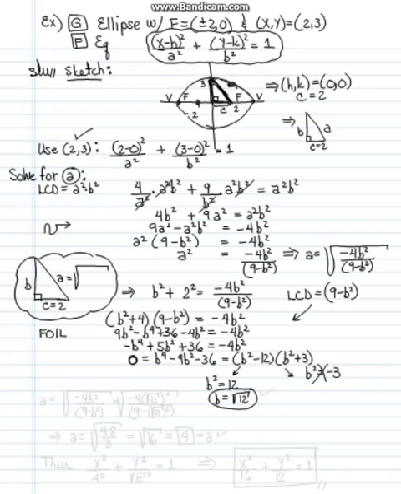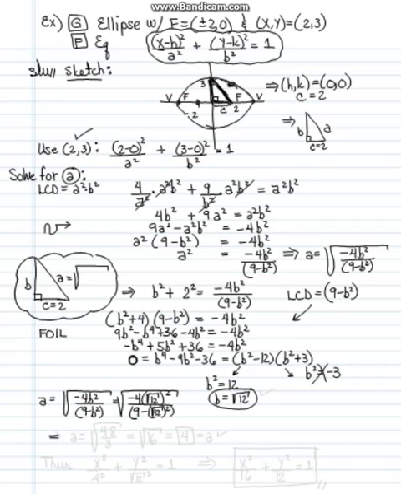Okay, now we can find a. We know that a is equal to the square root of negative 4b squared over 9 minus b squared. So it's equal to negative 4 times the square root of 12, that's b, and then square it, over 9 minus the square root of 12, square that, and put that all under a radical sign.